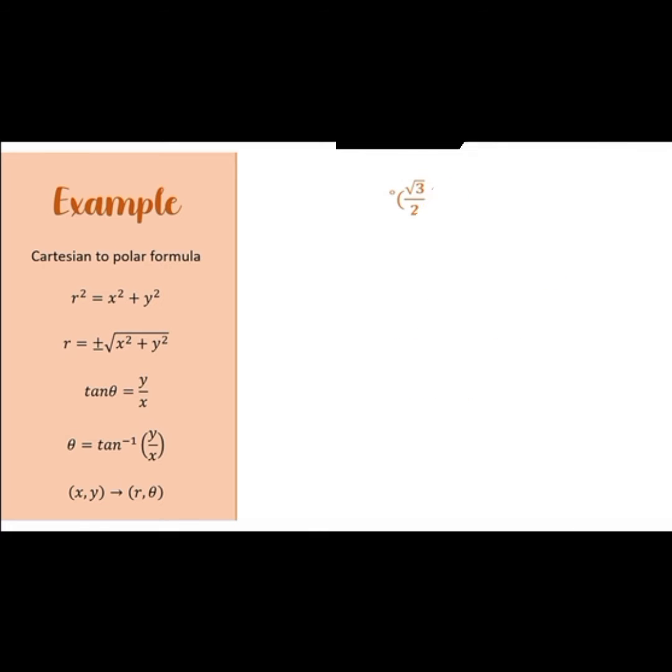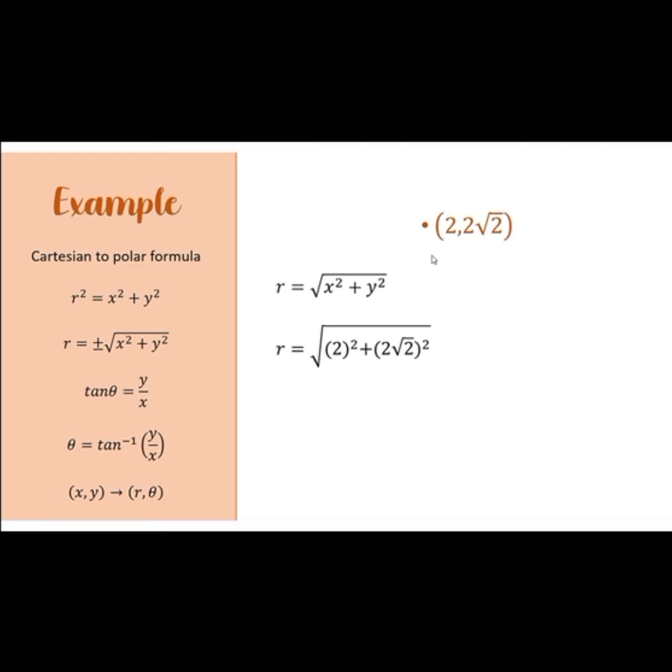Cartesian to polar formula. Let's start to explain. Look at the example: 2 and 2 square root 2. r is equal to the square root of 2 squared plus 2 square root 2 squared. The result is 2 square root 3.